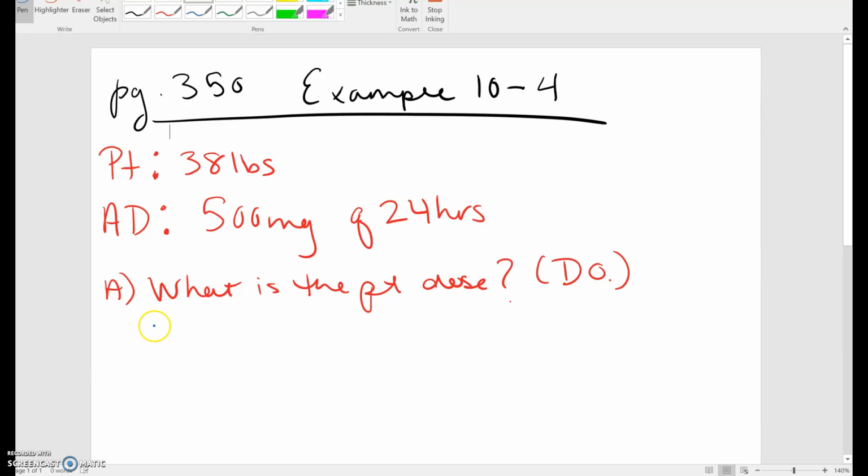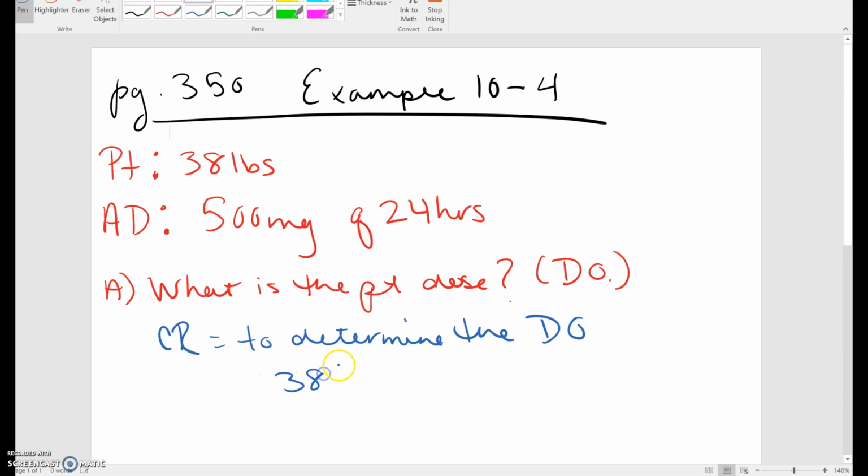I am going to use Clark's rule, CR means Clark's rule, to determine the dose ordered for this patient, which is 38 pounds over 150 pounds, and I'm going to multiply that by the adult dose of 500 milligrams.